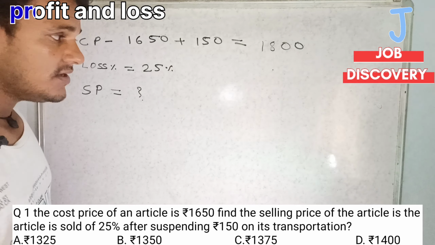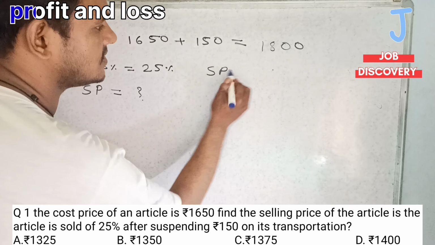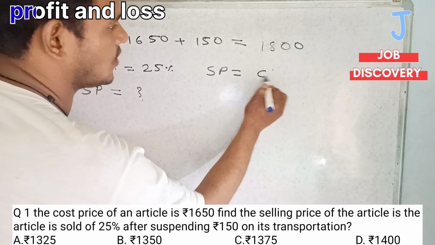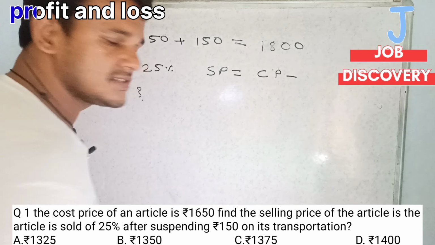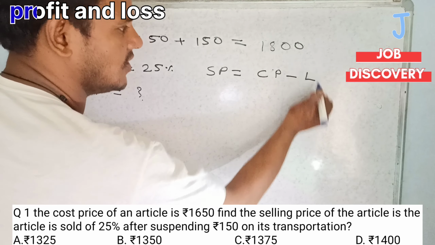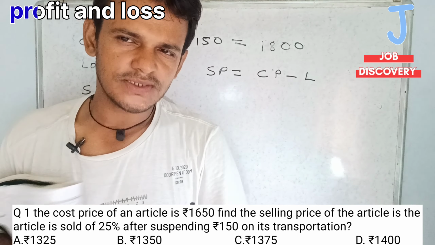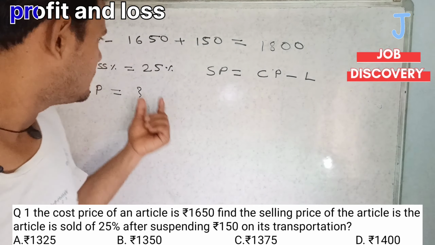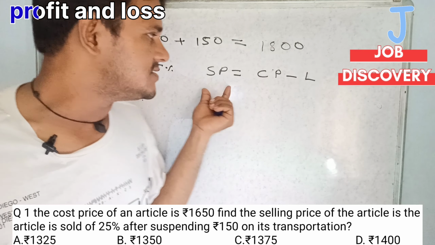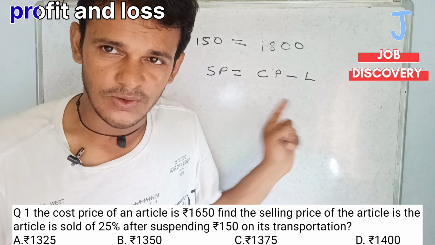We know selling price is equal to cost price; in case of loss, it will be minus loss, and in case of profit, it will be plus profit. So here is given loss. So selling price is equal to cost price minus loss.